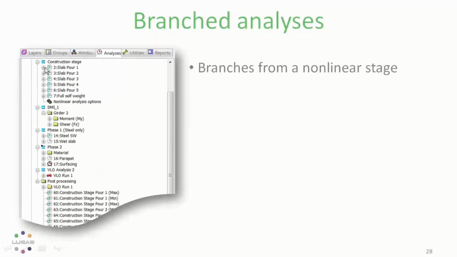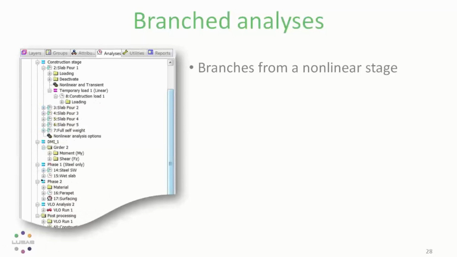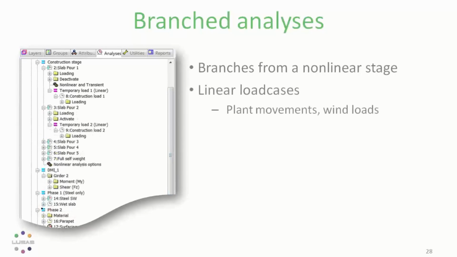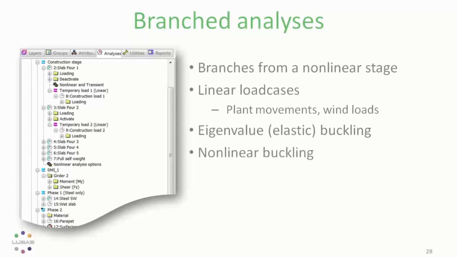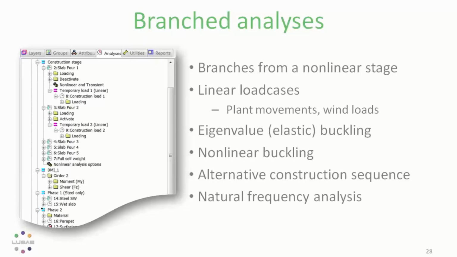Furthermore, we've added the ability to insert branches from any stage in any construction sequence. That could be one or more linear static load cases in one or more stages, perhaps to consider some plant or construction equipment moving around the site, or it could be an elastic buckling analysis for this stage of construction, or indeed full non-linear buckling analysis for this half-completed structure, or an alternative construction sequence, a natural frequency analysis, or even a transient dynamic analysis such as a seismic event.